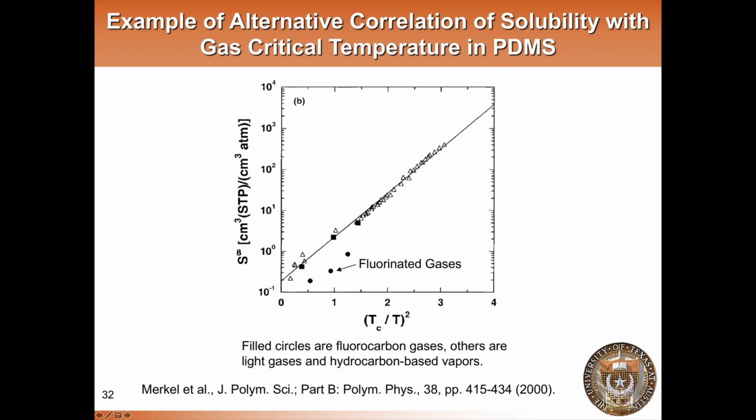And you can see in this case there's a very nice correlation over a wide range of solubilities. And the outliers again are the fluorinated gases. They're well below where you would expect based on the measurement temperature and their critical temperature. Again, emphasizing this notion of like dissolves like, and unlike does not dissolve unlike readily.